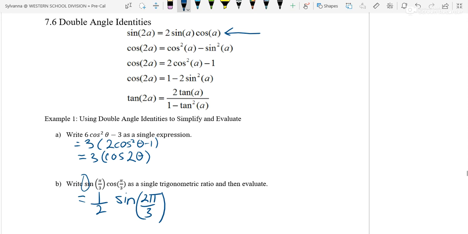And if I want to expand this right now just to check, I can. I can always check my work by going the other direction. So if I want to expand this, this would be 1/2, and then I'm going to change this portion into its formula, which is 2 sine pi over 3 cos pi over 3.